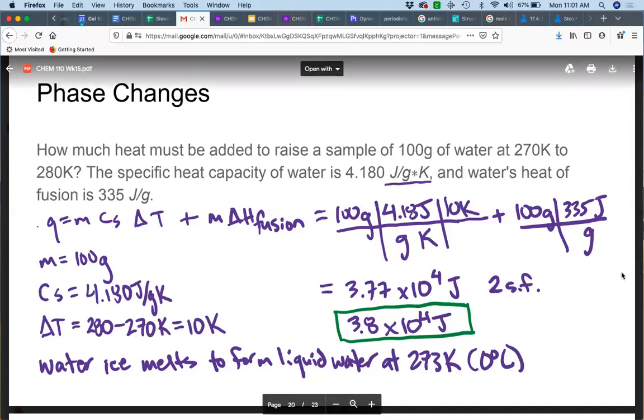And then the next part of the problem is my mass times the other piece of information that I'm given, which is the heat of fusion, 335 joules per gram. So if I think about solving this problem, I'm thinking about the phase change of both ice melting and water warming.